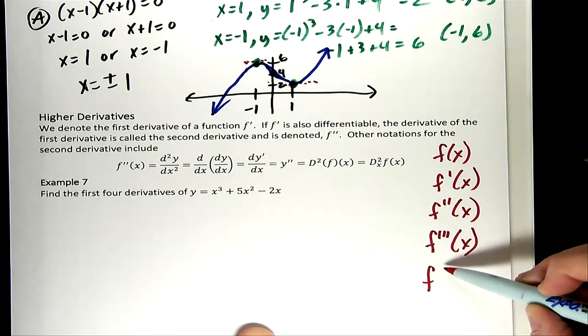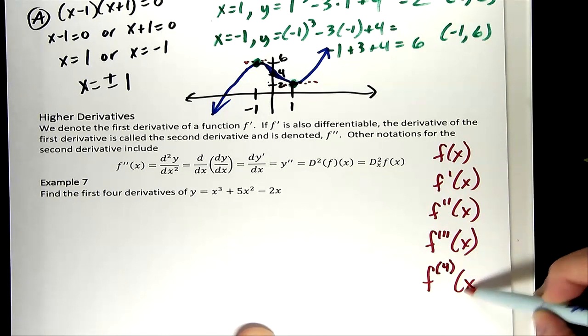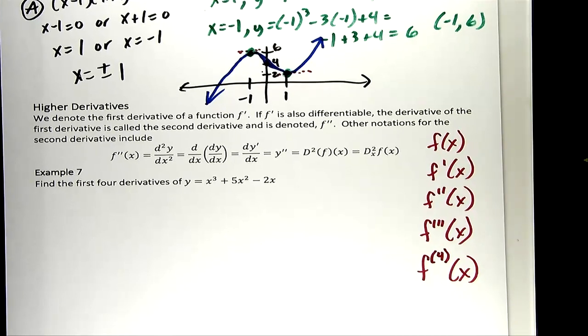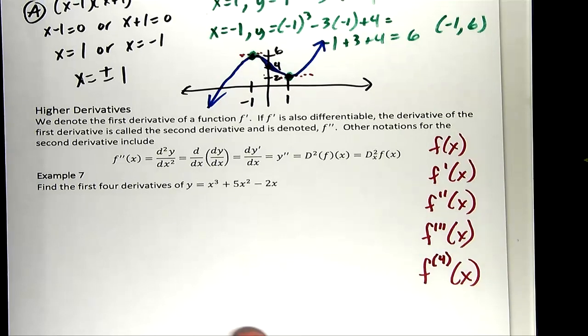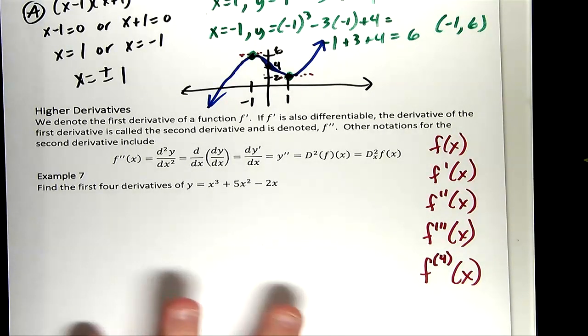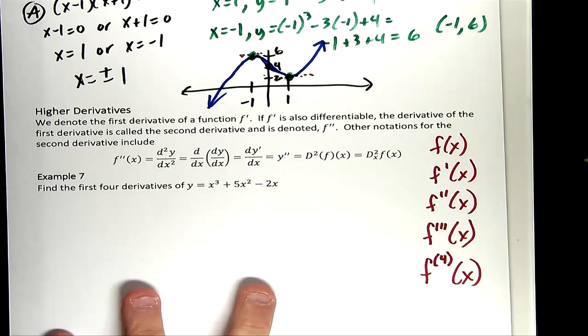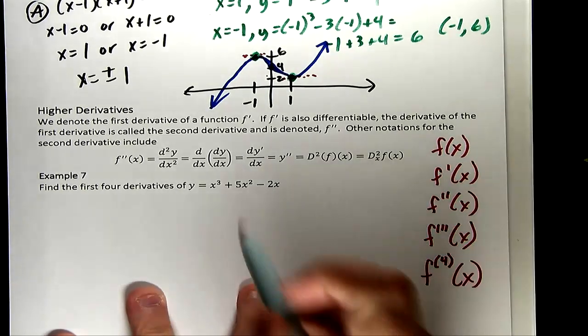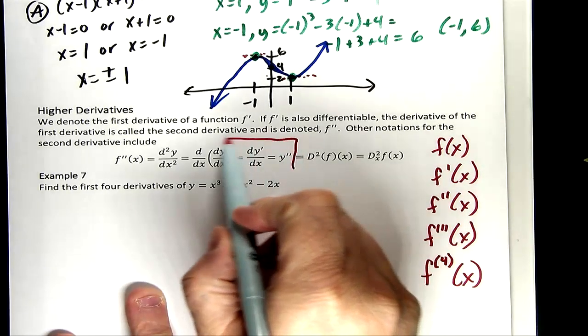When we get to 4, they put it in parentheses like this. The only requirement is the derivative keeps existing. These are the only real notations you're going to see in this class.